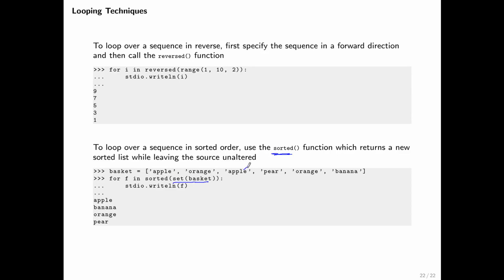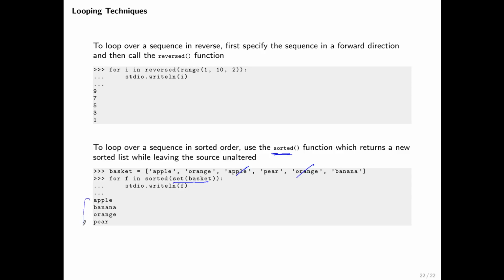So this, for example, will be gone, and orange would be gone. And then what we do is we call sorted on that set, okay, which is basically all these without duplicates. And then sorted returns a new list, which is this set sorted. Okay? And then you enumerate that sorted set and print the elements out.